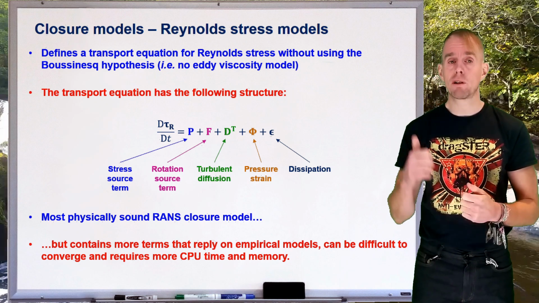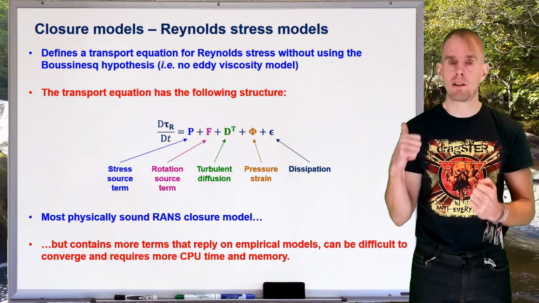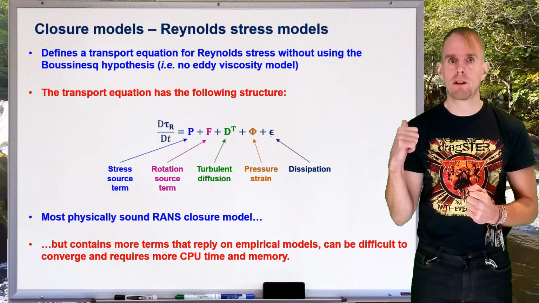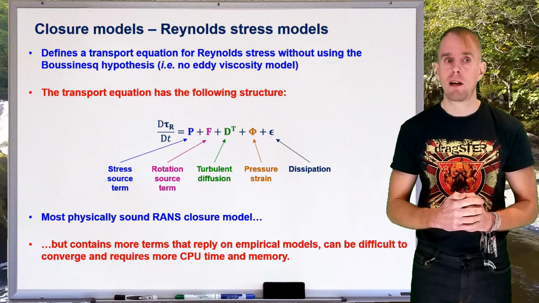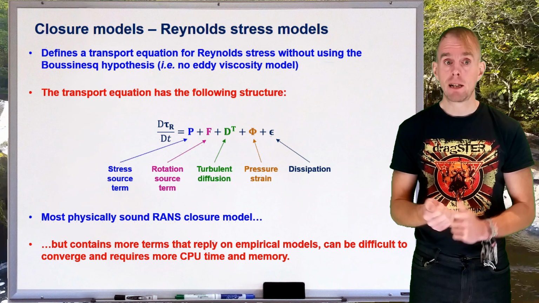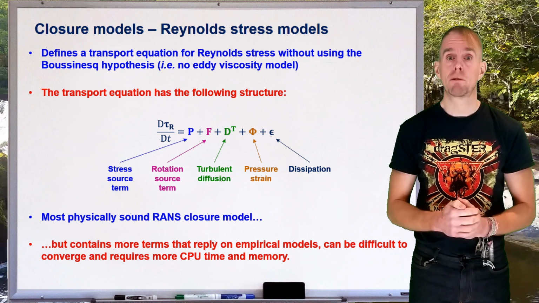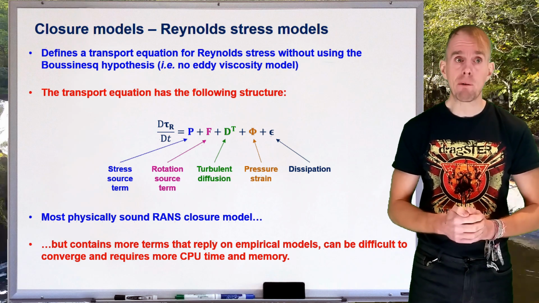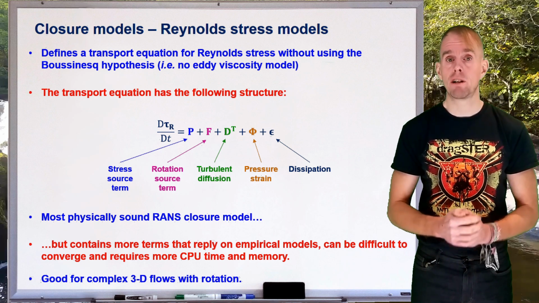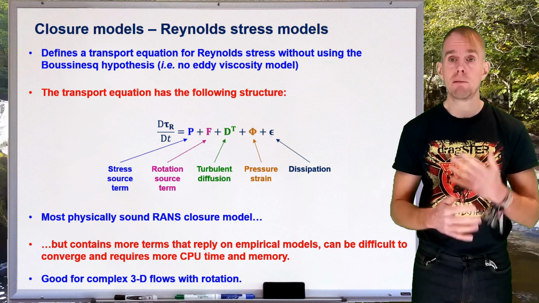But also, you've got a massive transport equation to solve here that's actually transporting a tensorial quantity, which means that from a computational standpoint, you're going to need more CPU time, significantly more memory, and convergence may become quite a challenge.